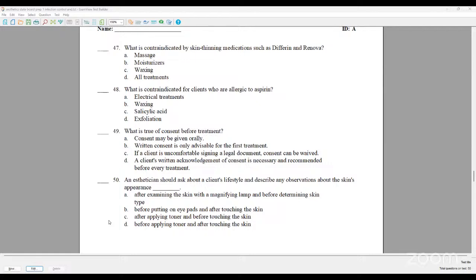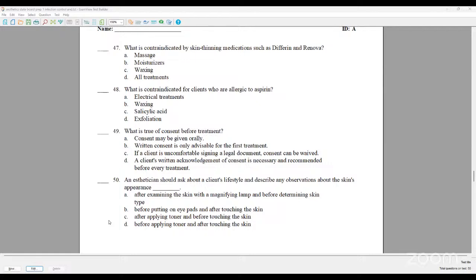So actually what we really are saying is that you're supposed to be able to see what's going on with the skin before you even first approach the client. So as you're talking to them or they're doing their intake or whatever, you're supposed to be examining what's going on with their skin then.